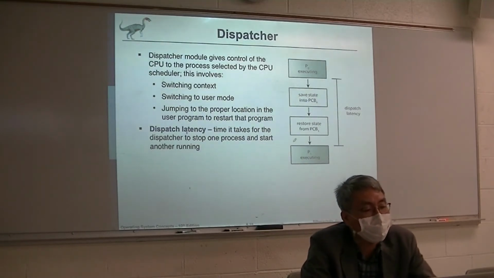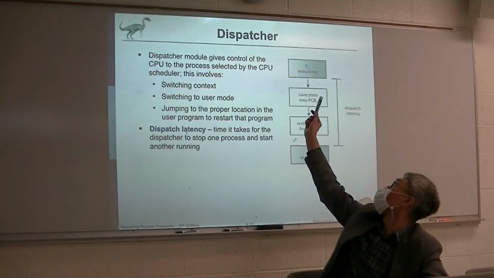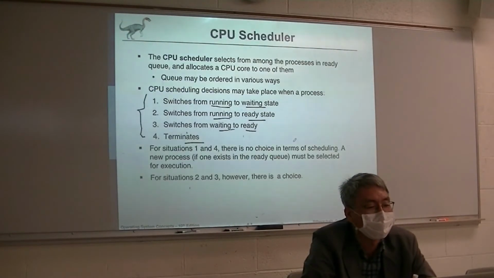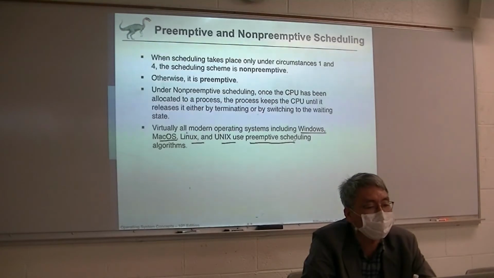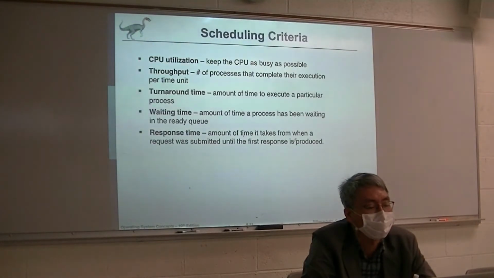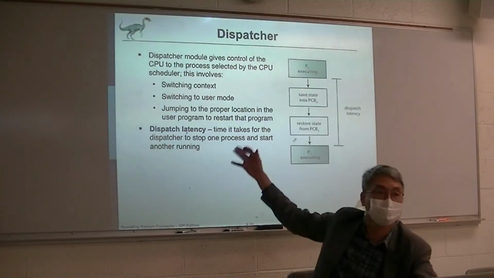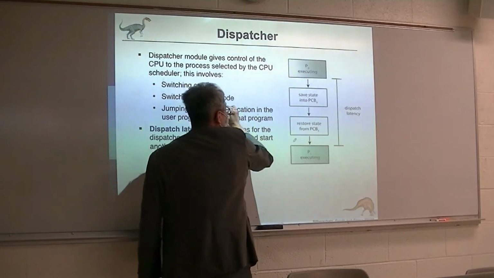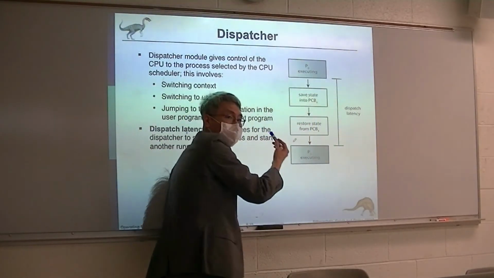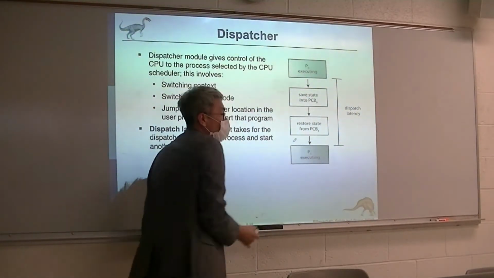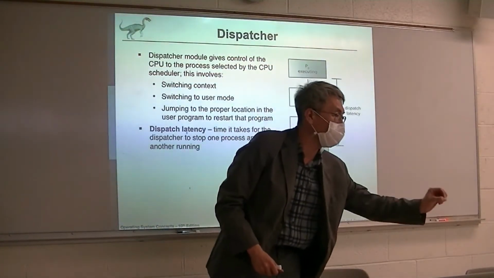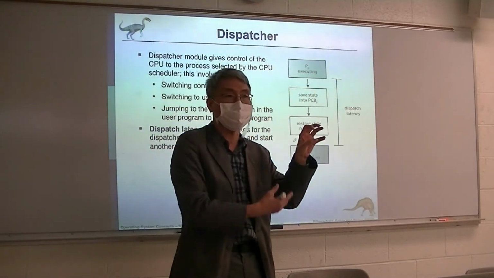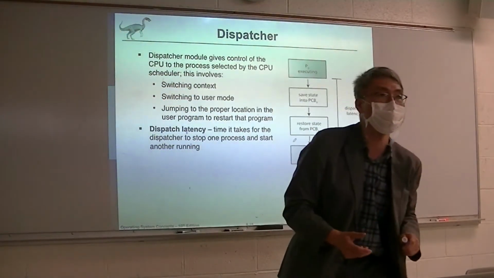So what is the dispatcher? We already discussed it. It's the previous slide. We do not have that slide, the one that I drew. The dispatcher is a process that actually selects the process by watching the signal. How does the operating system know whether it needs to activate the dispatcher or not? Because of the signal, like an I/O signal.